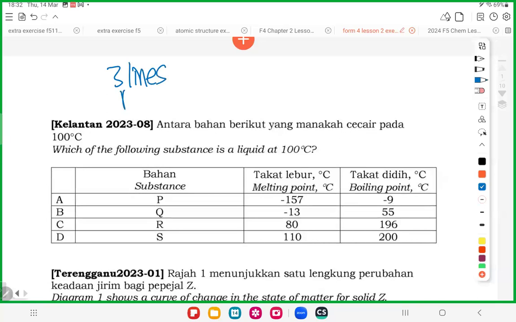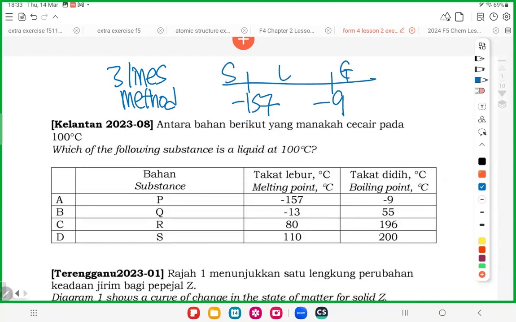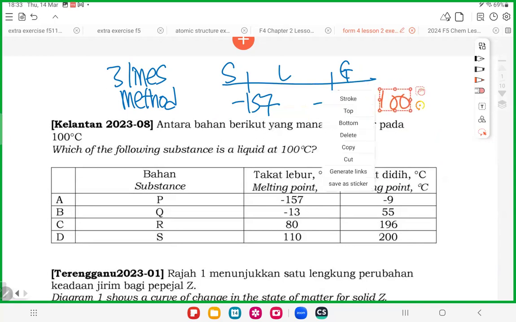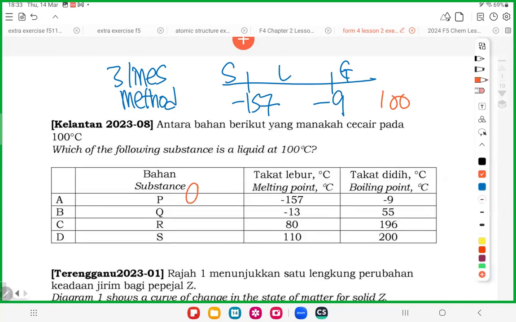First one, melting point -157, boiling point -9. Solid, liquid, gas. Now I want 100 degrees Celsius. Where is 100? 100 is more than -157, more than -9, so it's a gas.